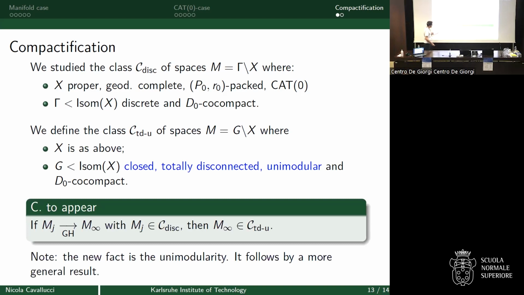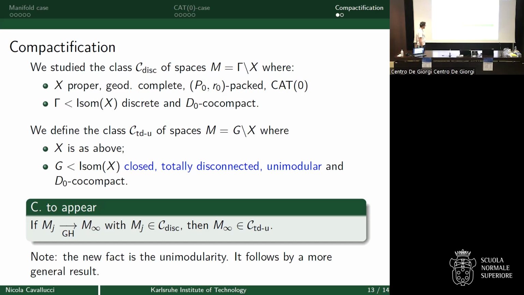Then if you have a converging sequence of these elements in the class, the limit space is the quotient of a CAT(0) space by a totally disconnected group, and this is what I showed before. And moreover, you can say it is unimodular. Unimodular means simply that the Haar measure is invariant.